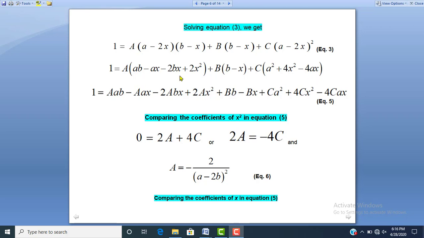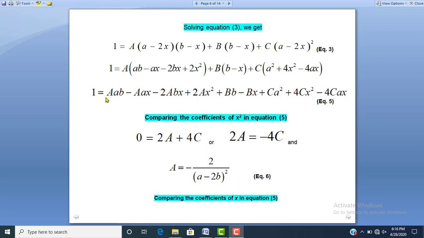So the equation became very simple if we multiply this a with the terms inside the bracket, b with b minus x, and c with a square plus 4x square minus 4ax. So this equation will become equation number 5 like this one.